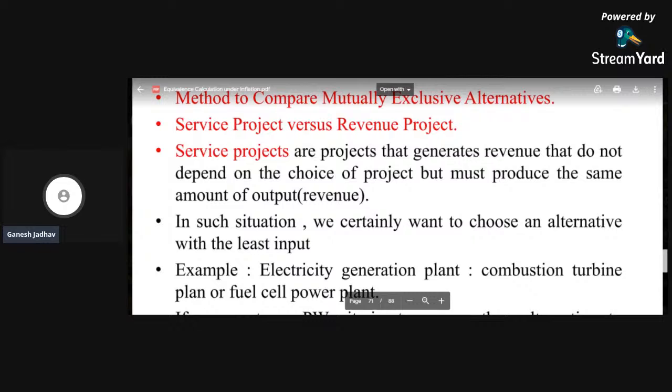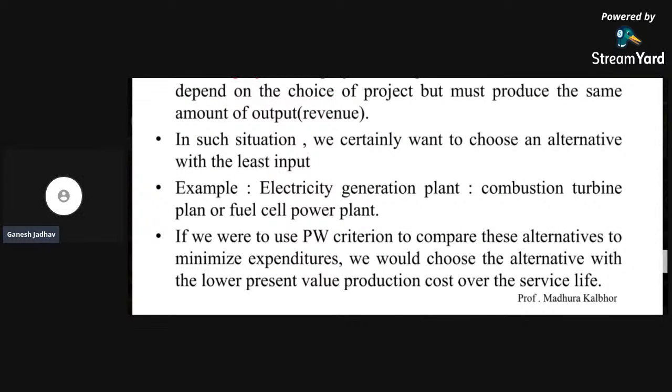In such a situation we certainly want to choose the alternative with the least input. Another example is an electricity generation plant, combustion turbine plant, or fuel cell power plant also.